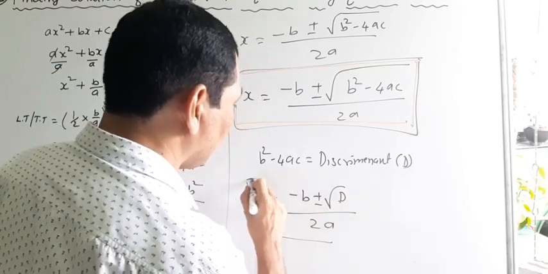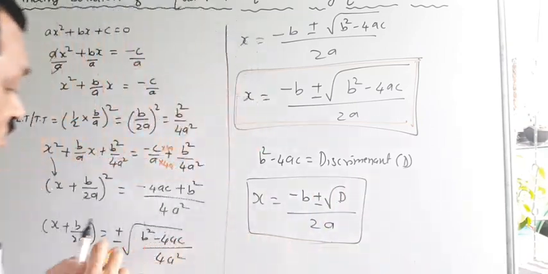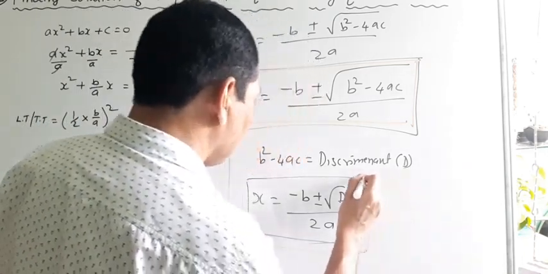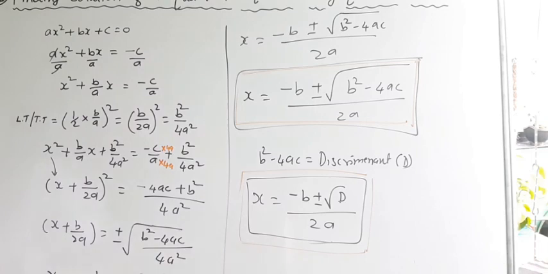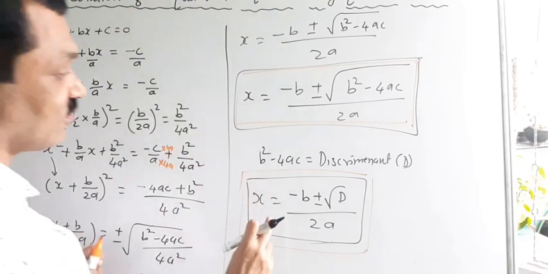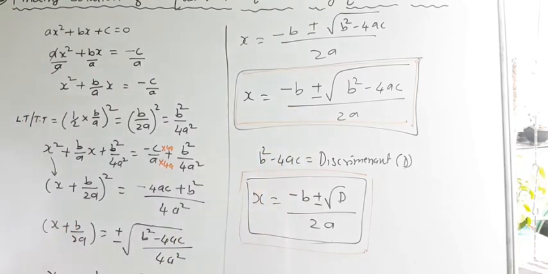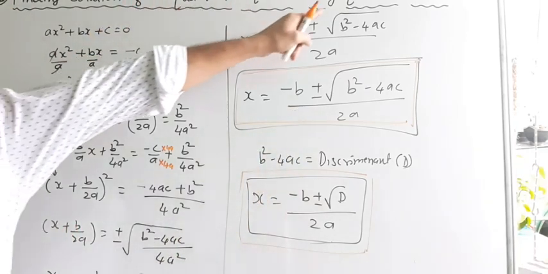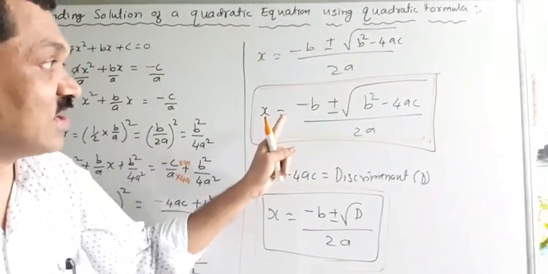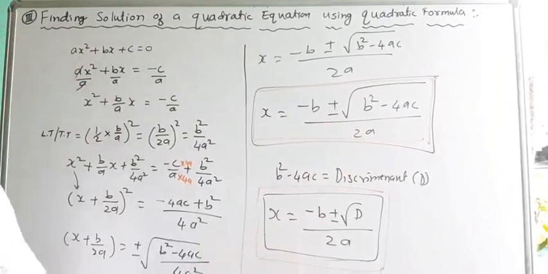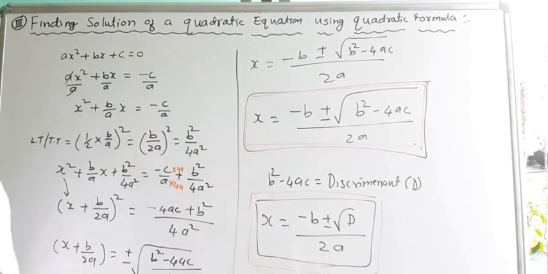This is our other formula to find the roots of a quadratic equation. So whenever we come across a problem like this, we can use either this formula or this formula. Next time onwards, whenever it comes as a quadratic formula, we will directly start from this point, write the formula, substitute the values of a, b and c, and you will get two roots.